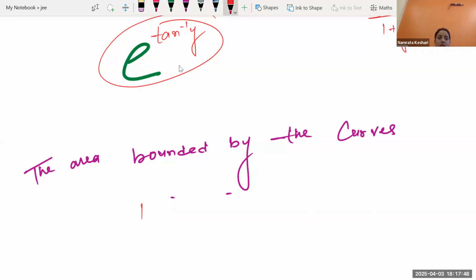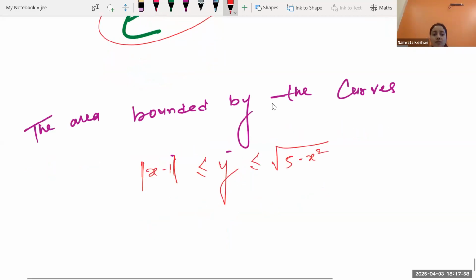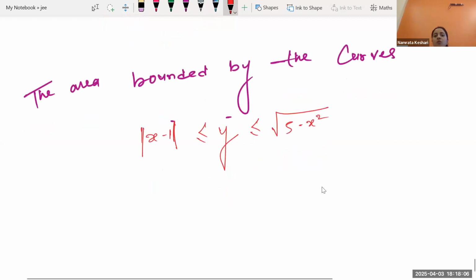Suppose we have mod of x minus 1 is smaller than or equal to y, which is smaller than or equal to 5 minus x square. Okay, let's see. What will be the area bounded by this curve? Just this curve, all the inequalities together.